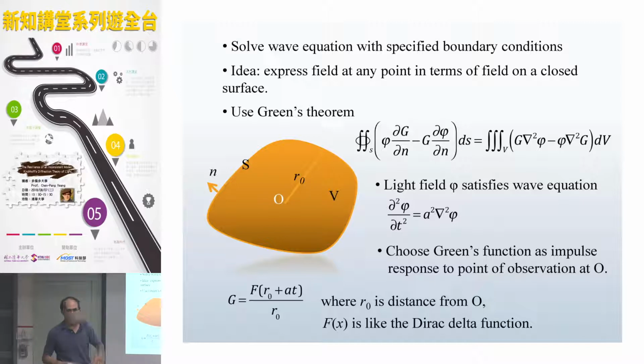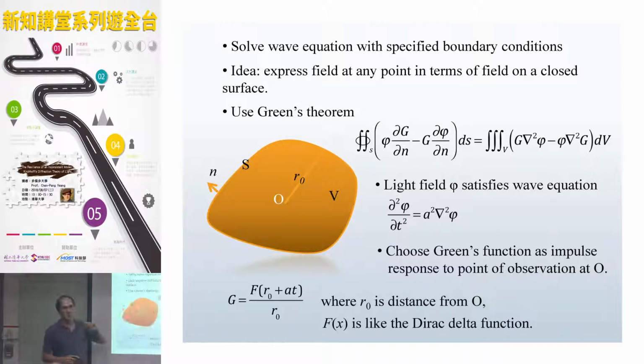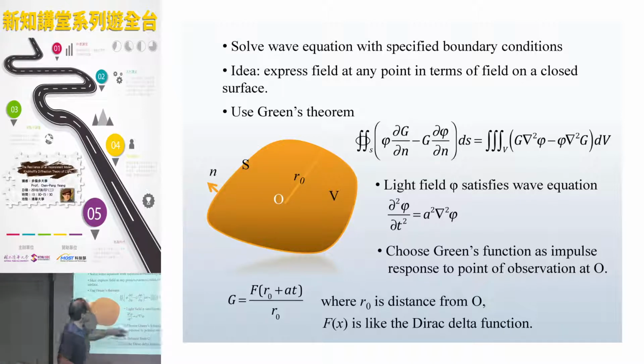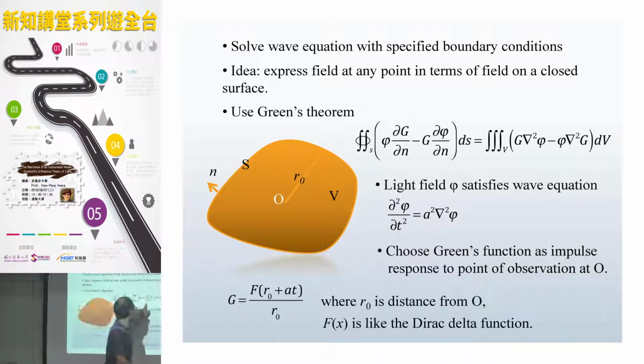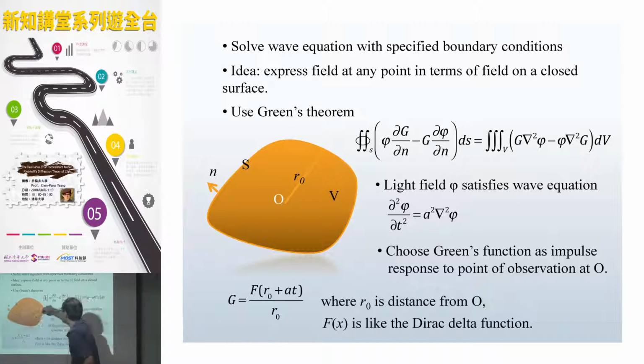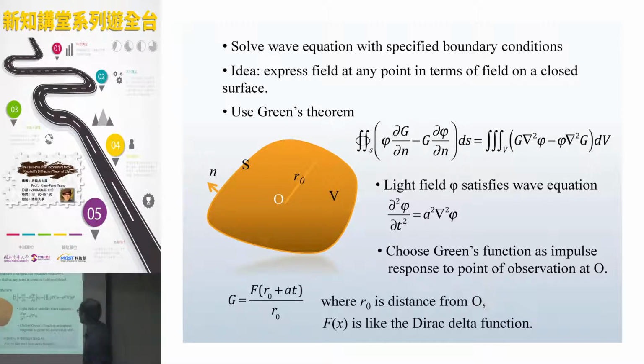So let's consider the situation in which the point of observation is within that surface. In that case, he considered this Green's theorem involving the surface integral over S, equal to the volume integral over V, the volume encircled by that surface, right? There are two functions to consider.